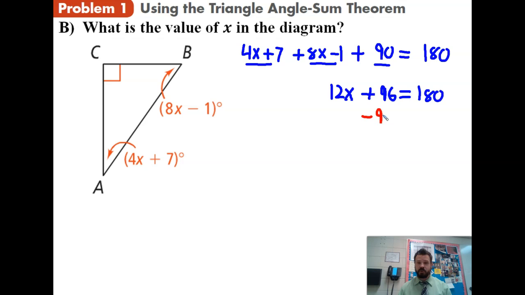I'm going to do that by subtracting 96 from both sides, which will give me 12x is equal to 84. And then we'll divide both sides by 12 to end up with x equals 7.